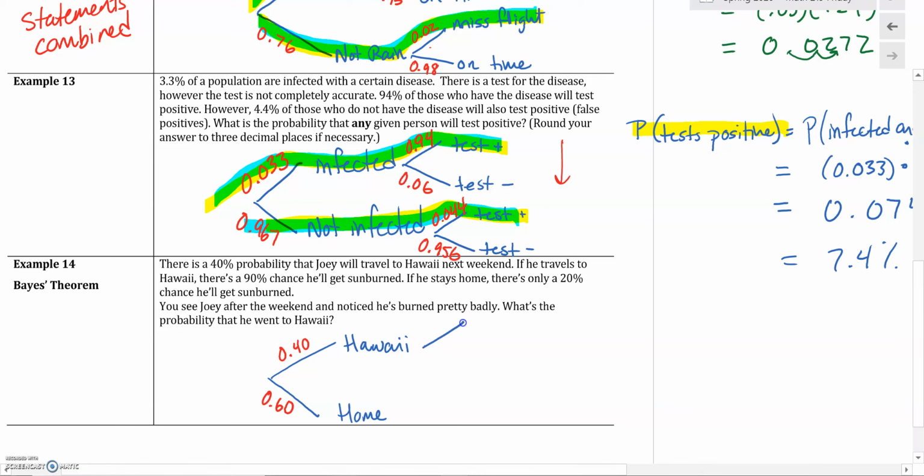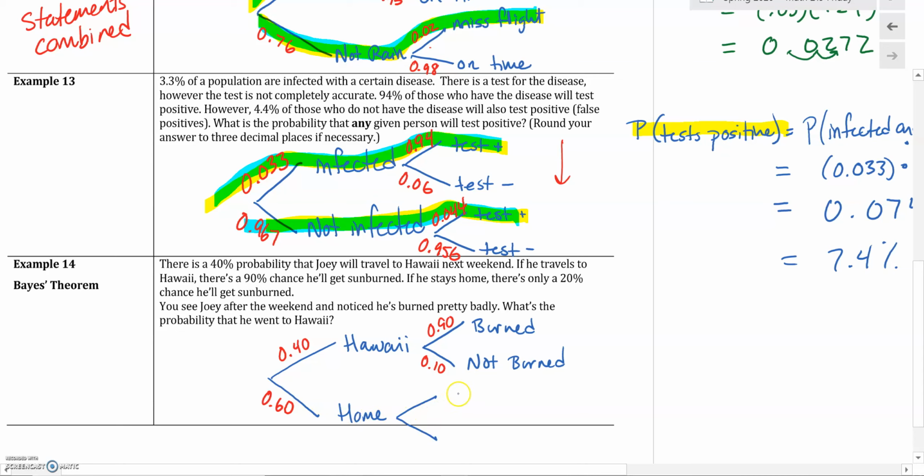Now if he goes to Hawaii, he's either going to get burned or not burned. And according to the problem, there's a 90% chance he'll get sunburned if he goes to Hawaii. So if he goes to Hawaii, the chance he gets burned is 0.90. And not burned, being the complement, would be 0.10. But it also said that he could get burned by just staying at home.